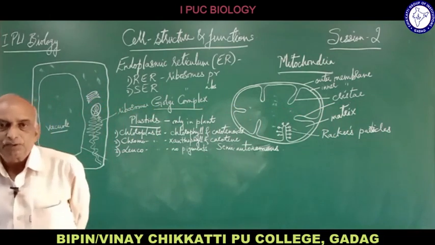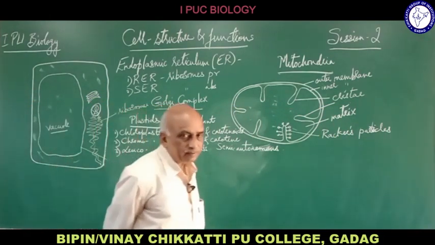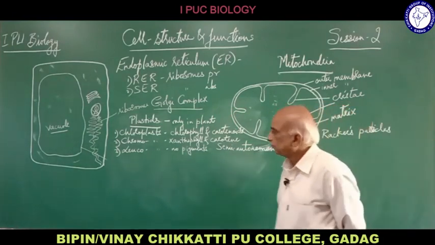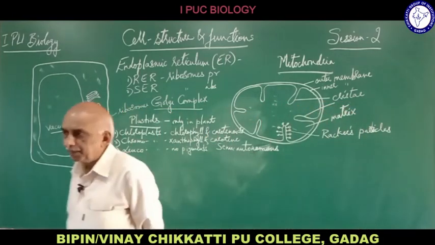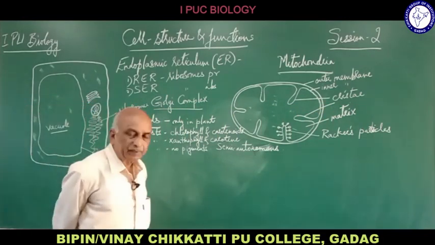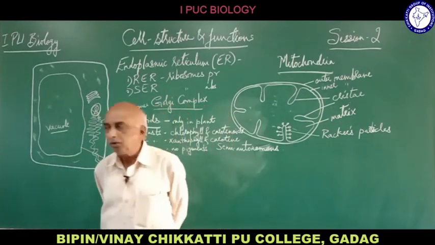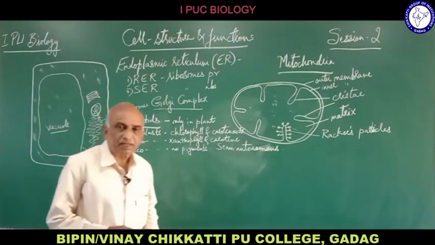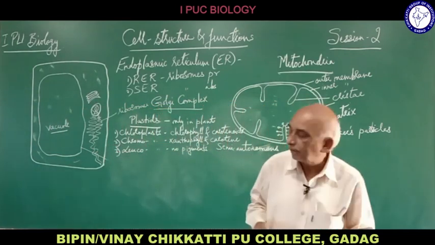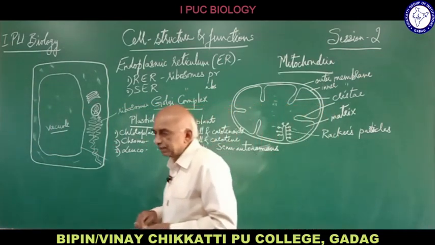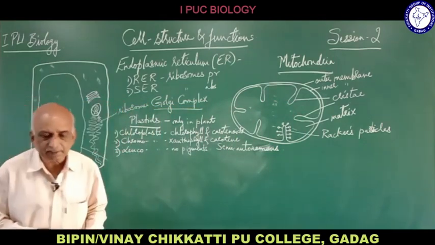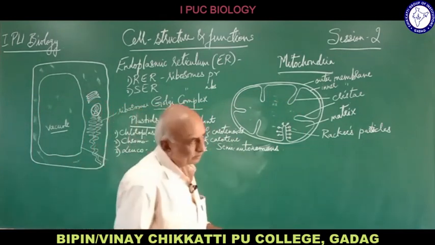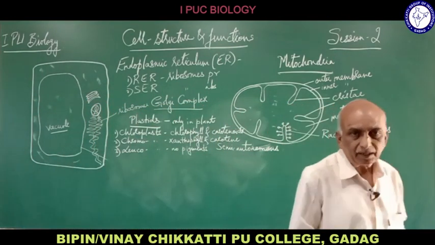When plastids contain chlorophyll and carotenoids, they are green in color, whereas chromoplasts contain xanthophyll and other pigments like carotene, so they are yellow, or sometimes blue, red, or brown in color. Whereas leucoplasts don't contain pigments. For example, in roots there are leucoplasts. Leaves appear green because there are chloroplasts.